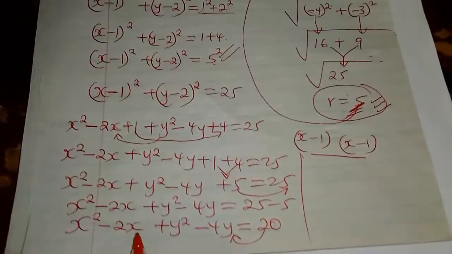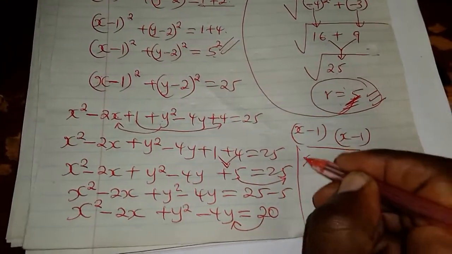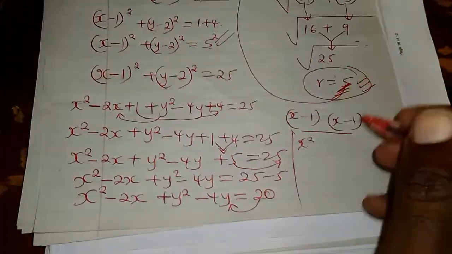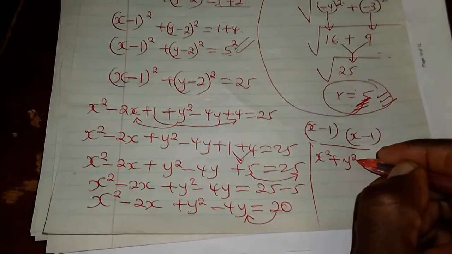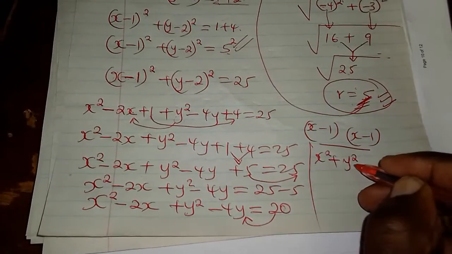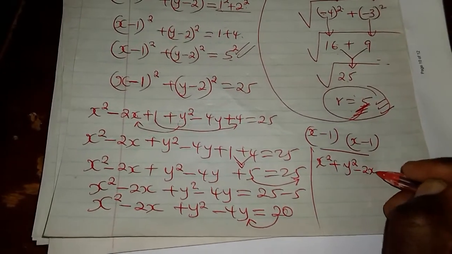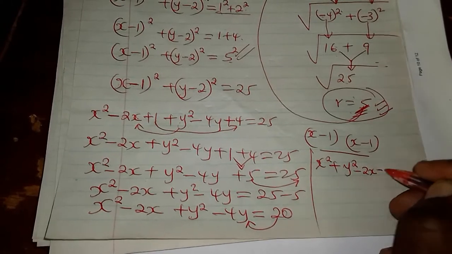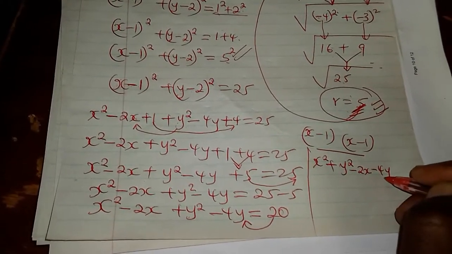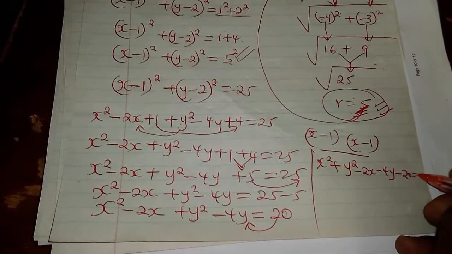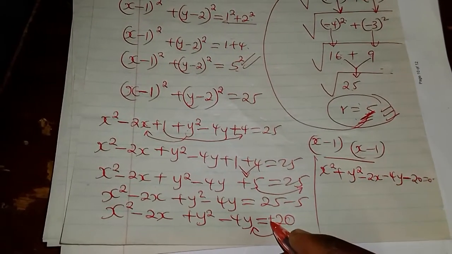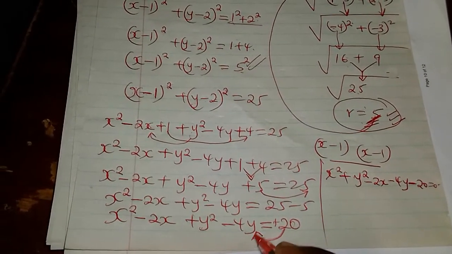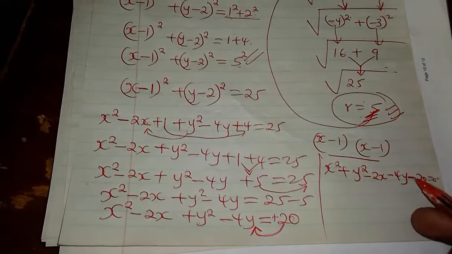I'll come here, so I'll start x squared, great, plus y squared, okay, minus 2x, good, minus 4y, then minus 20 is equals to 0. Why am I saying minus 20? This is positive 20. When it comes this other side, you see, it becomes negative.